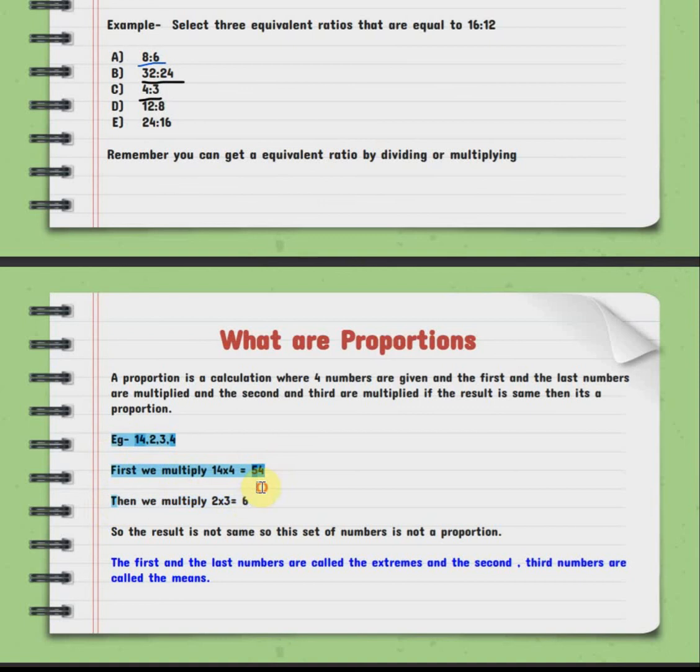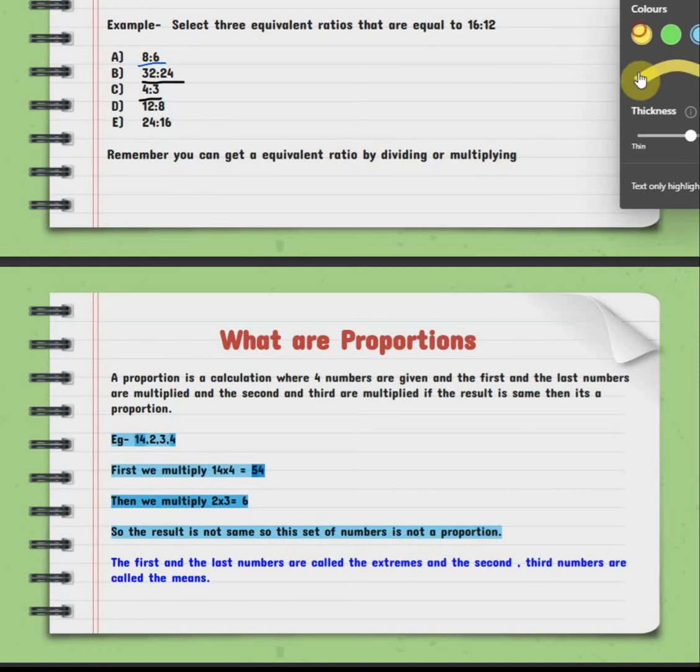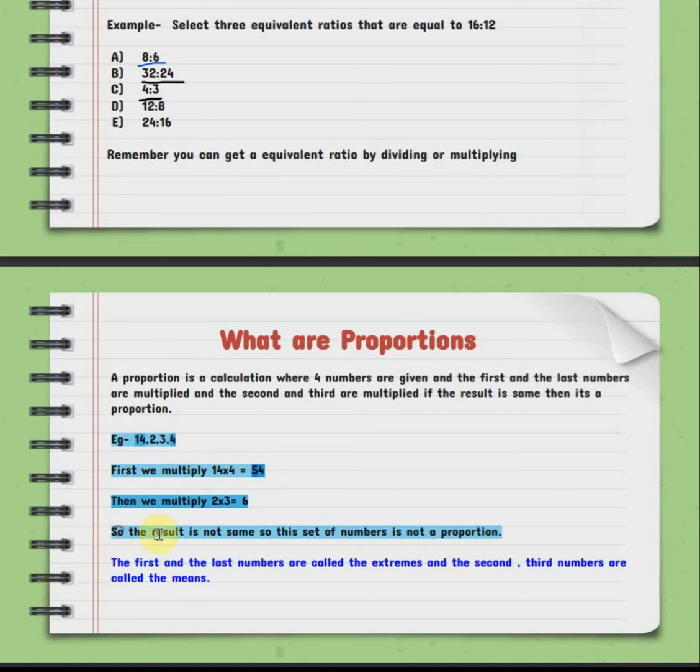Then we multiply 2 and 3, and our result will be 6. So the result is not the same, so this set of numbers is not a proportion. Very important, guys. This set of numbers is not a proportion because the results are not the same.